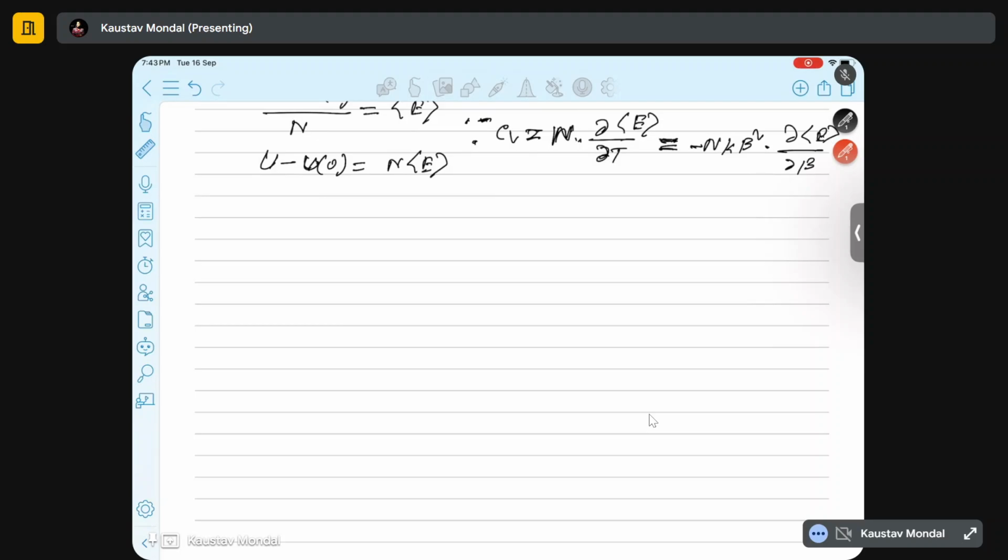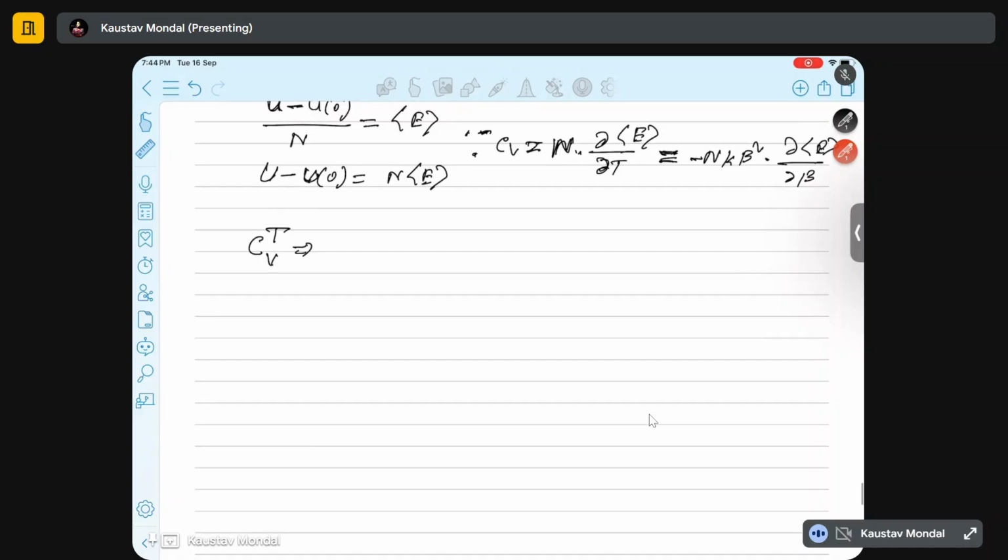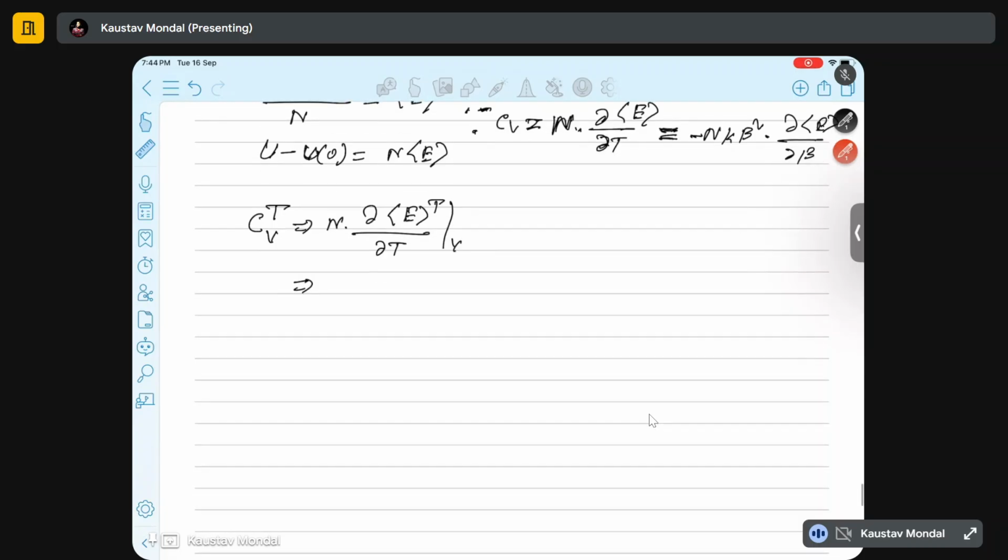We will denote it as CVT. The specific heat at constant volume comes because of the translational part of the mean energy. So we can write it like this: n delta E at translation by delta T at constant volume, which is n delta by delta T of 3 by 2 kT at constant volume.